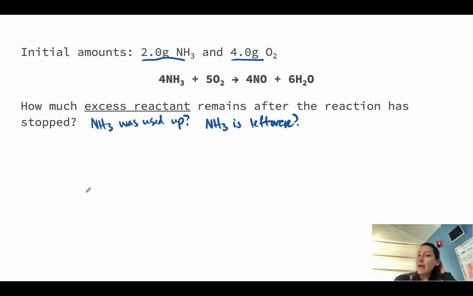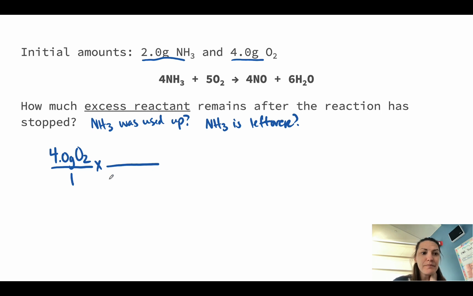So to do that, we're going to start with our limiting reactant of 4.0 grams of O2. And we're going to say, if we have a completely perfect reaction, how much NH3 do we need exactly to react with the 4 grams of oxygen?